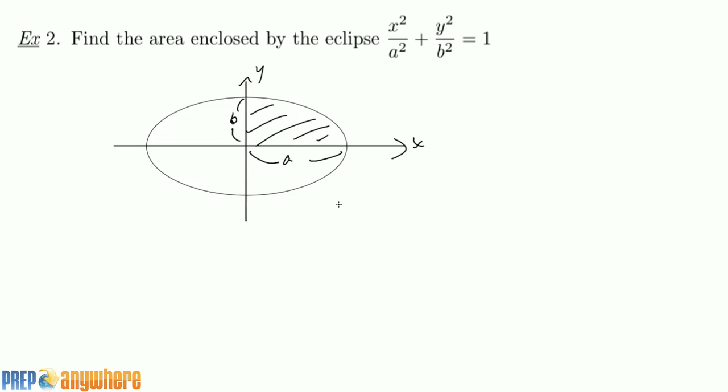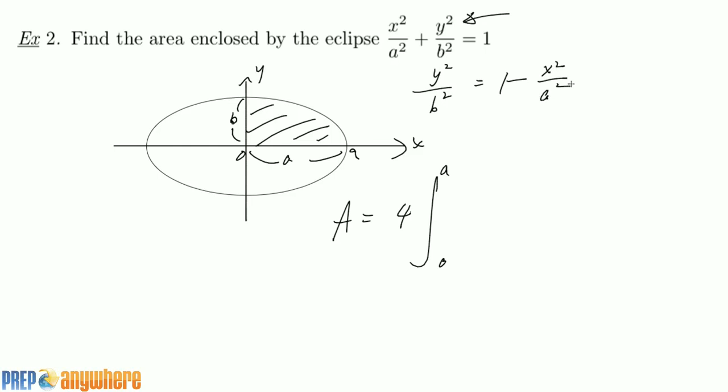Okay, so the total area must be 4 times the integral from 0 to a on the x value, and you need to isolate your y. Right, so to isolate y, first bring the thing over like this, multiply everything by b squared.